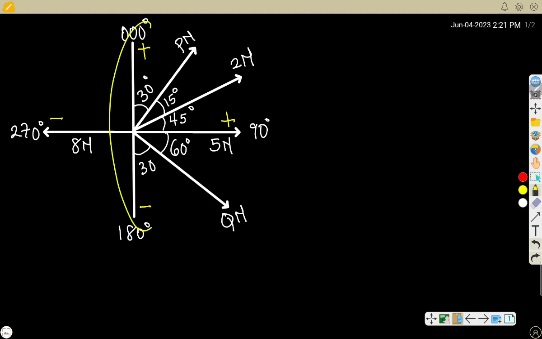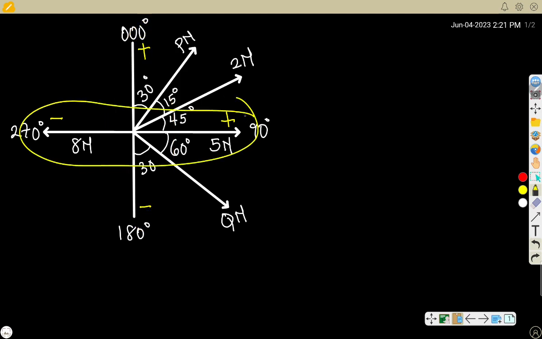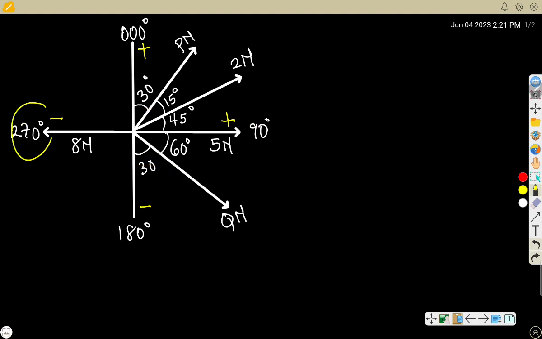So for the horizontal, this is positive, this is negative. For the vertical, this is positive, that is negative. That is the essence of the angles you see here. Now resolve everything to both horizontal and vertical.